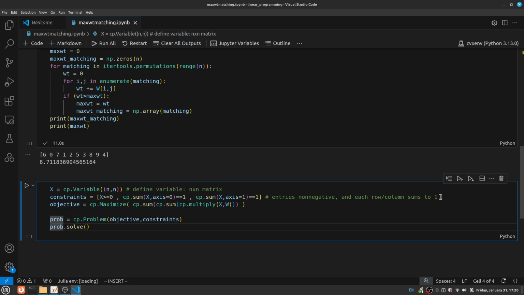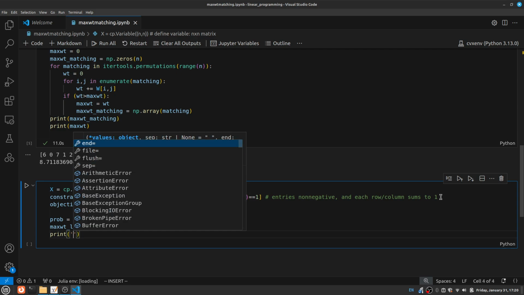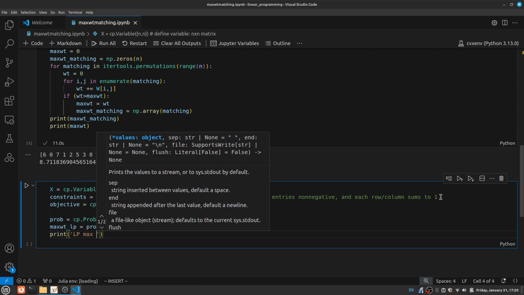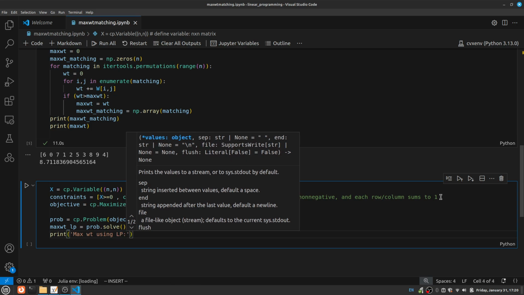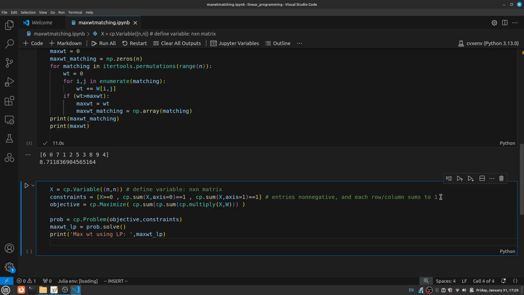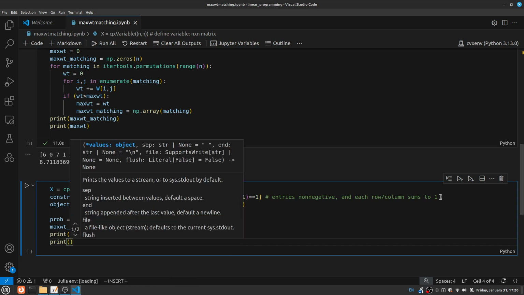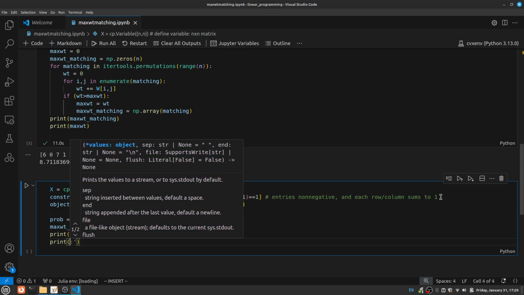Let me print the maximum weight that I get using the linear program, and let me also print the LP solution.